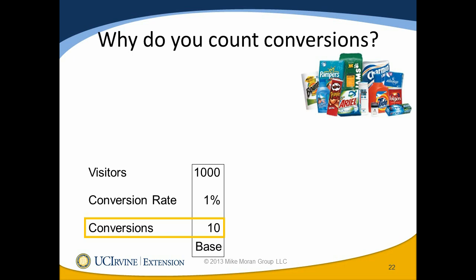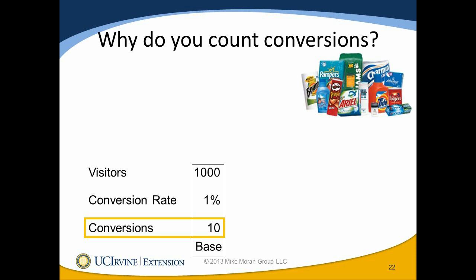We're just using these numbers as an example. 1,000 could be the number of people that come every minute if you're Amazon.com. It could be how many people come every year if you're a small site. It doesn't really matter. What does matter is that those 1,000 people are the ones that you need to persuade, and the conversion rate says how successful you are at persuading them. And so this becomes your base case.